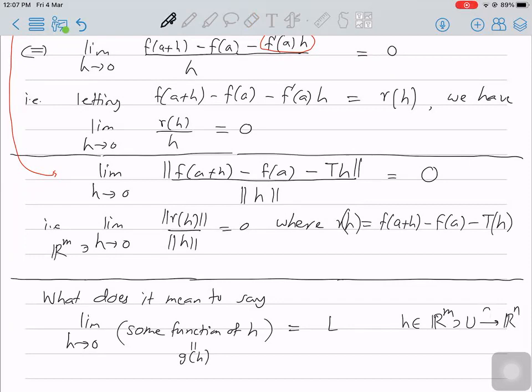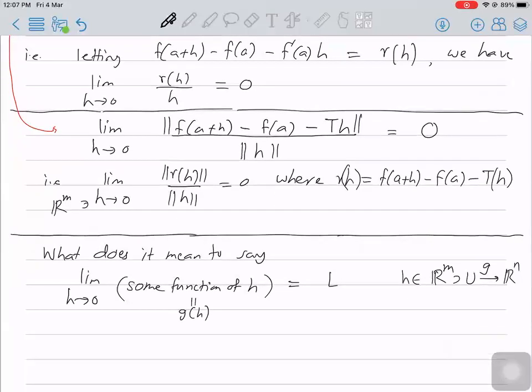What does this mean? We have to have a definition of this. Given any epsilon, there exists a delta such that whenever norm of h is less than delta, it implies the norm of g of h minus L is less than epsilon.